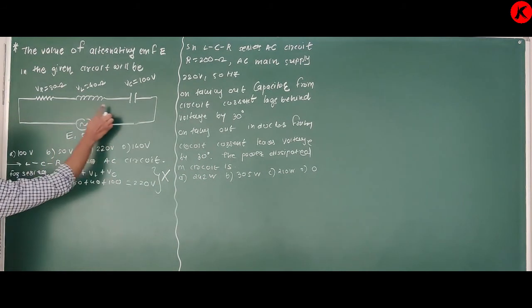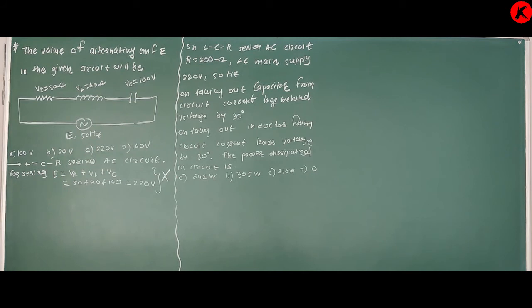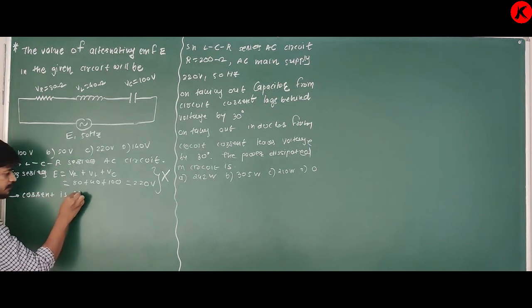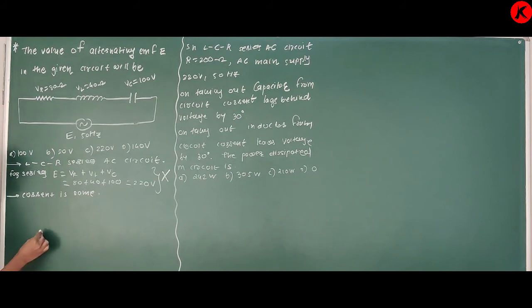For an LCR series AC circuit, the current in each and every element is the same. So I am assuming its phasor: let the phasor of current I be in this direction.